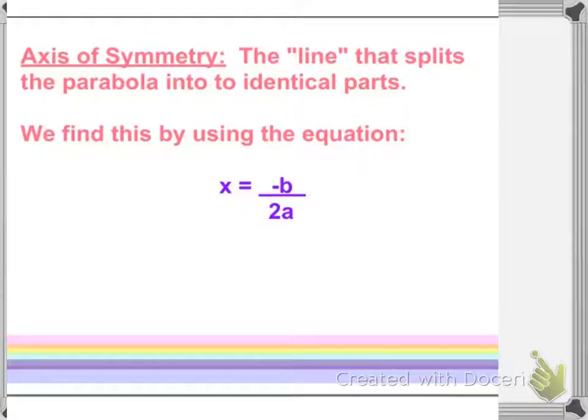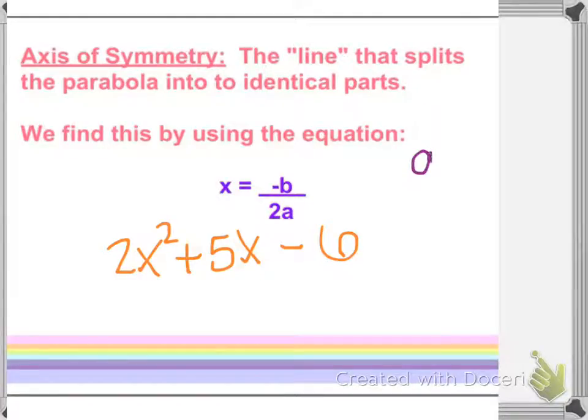To find the axis of symmetry, or the line that cuts it in half, you use this formula: negative b over 2a. Negative b over 2a. The place that we get a and b is the numbers in front of your variables in your equation. So if you have something that says 2x squared plus 5x minus 6, there are 3 numbers in that equation, and those numbers correspond with the variables a, b, and c.